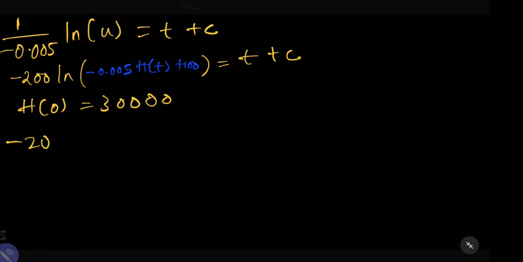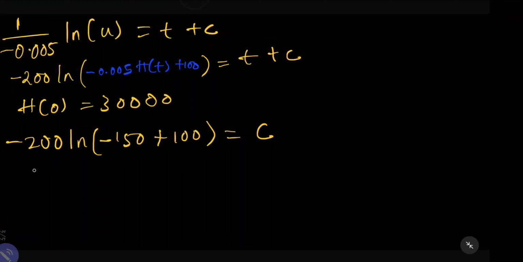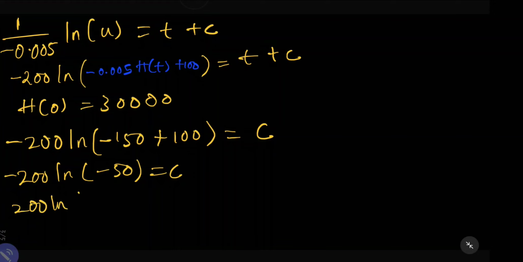So now we are going to have minus 200 natural log of minus 0.005 times h of 0, that's times 3,000, would be minus 150 plus 100 equals c. So this would give us minus 200 natural log of minus 50 equals c, and this would give us 200 natural log of 50 equals c.